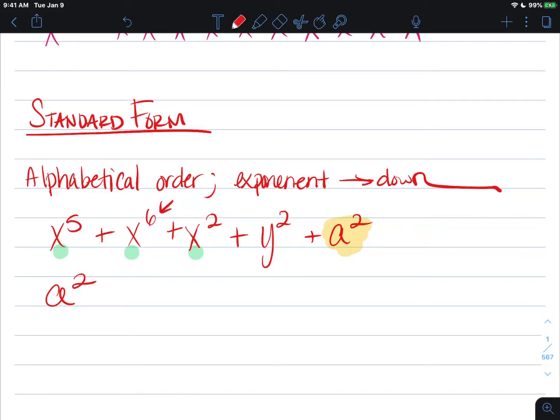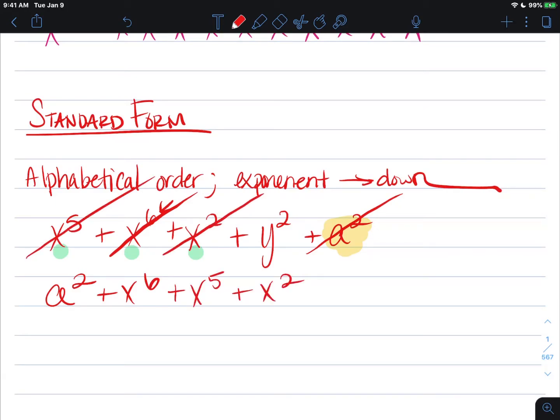And that's this one, so I'm going to write it first. Now I'm going to look for the one with the exponent that's below that. I have a 5 and a 2. 5 is larger than 2, so I'll write that one, and then my 2 is last. And last in the alphabet, between these 3 letters, is my y.